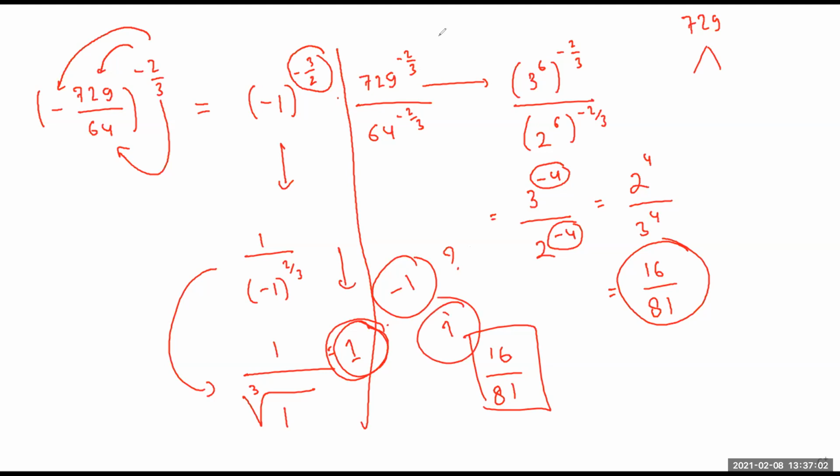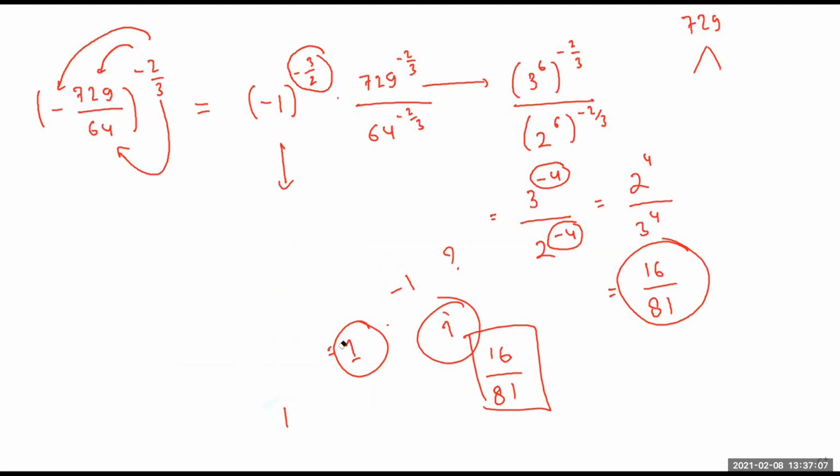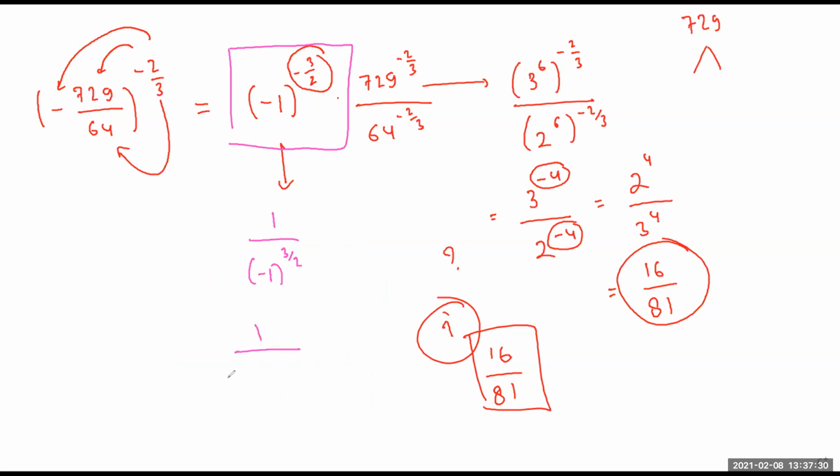Tomorrow, I will give you a problem where you will find the situation and find out that i will happen. But since Flavia has already asked, let me discuss it for those who have no idea what we are talking about. Let me convert into a positive exponent. So it is negative 1 to the power of 3 over 2, right? If I convert into a radical, it is the square root of negative 1 being cubed.